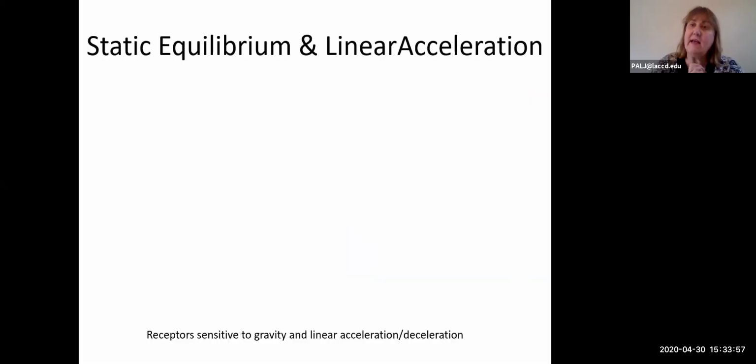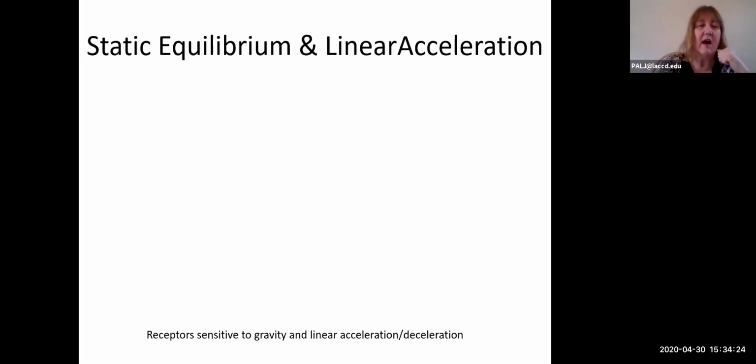Welcome back for this last talk on equilibrium, where we're going to look now at static equilibrium and linear acceleration. So it has nothing to do with rotation. It has to do with the head being tilted one direction or the other. Static equilibrium is often called gravitational equilibrium because the receptors are sensitive to gravity.